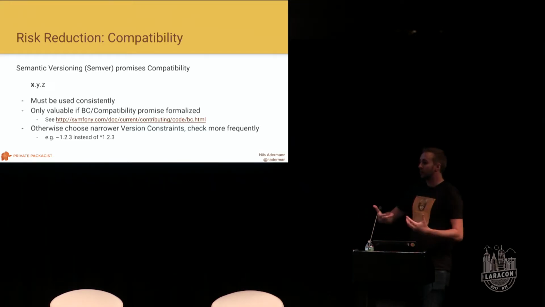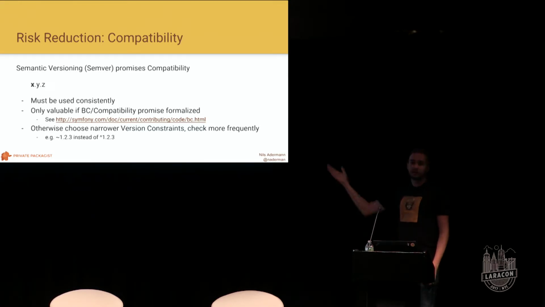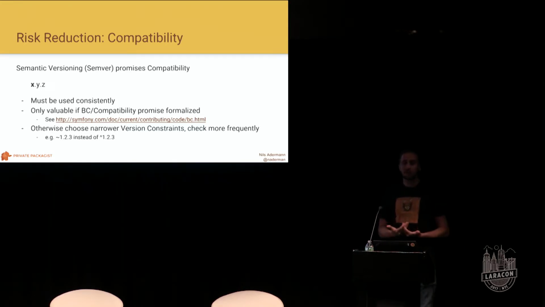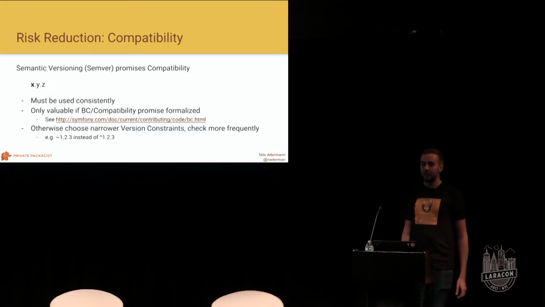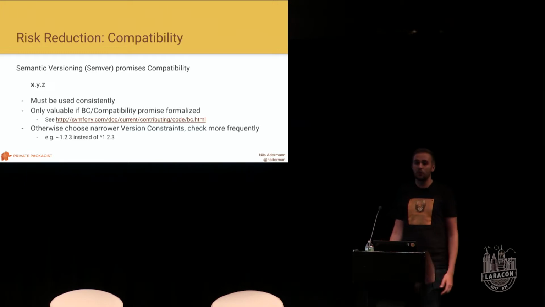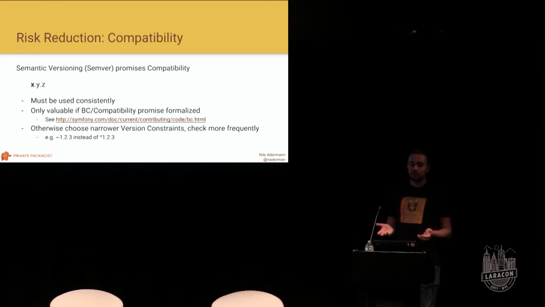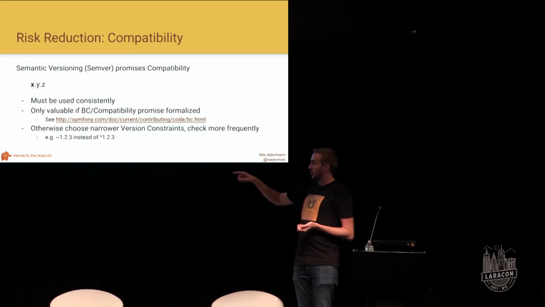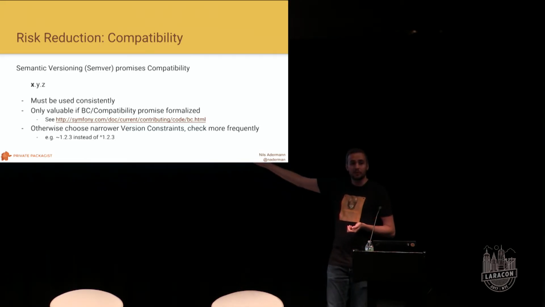So if you're working on an open source library, either just adopt this, just take it over, maybe write your own, but do clearly communicate what you mean by BC breaks if you're using semantic versioning, because otherwise there's no purpose to using semantic versioning in the first place. Now, as a user of a library, the caret operator in Composer is for semantic versioning because it'll upgrade to anything without a BC break.